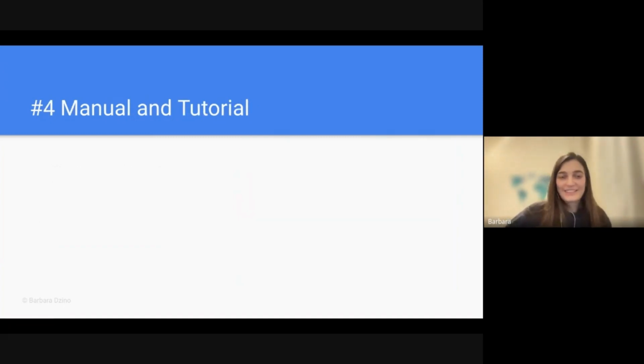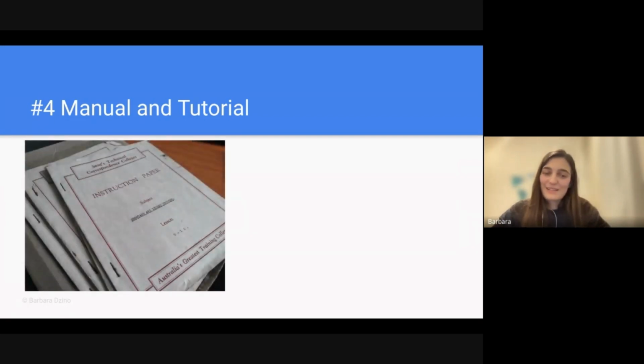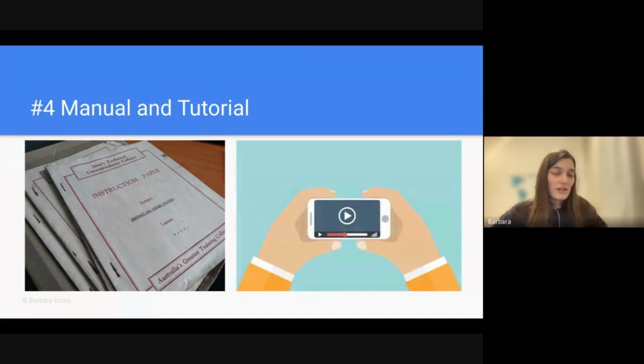Manual and tutorial. Might not be super important for a lot of people when they don't have a hardware device, but for hardware devices, it's still important to have a printed manual. And let's just face it, nobody actually reads the manual. So all the information we had in the manual, we put into a tutorial video inside the app, and then tested the manual separately, just in case, to make sure the content was sound.